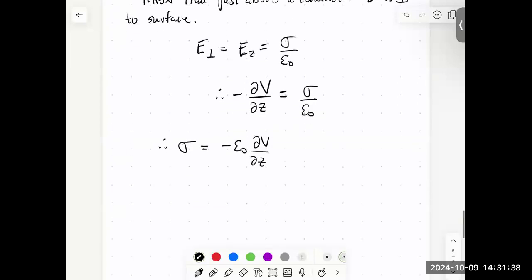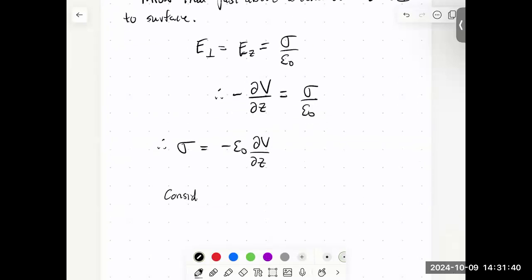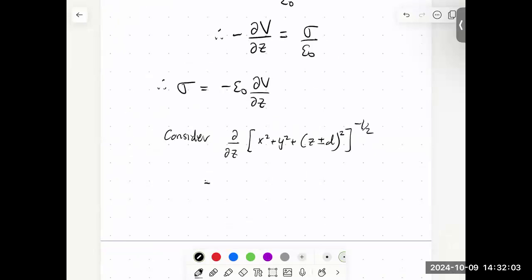So we're going to have to do derivatives like the z derivative of stuff like x squared plus y squared plus (z plus or minus d) squared, and this is all to the minus 1/2. If we do that derivative, we're going to get a minus 1/2 factor, and we have to lower the exponent by 1.